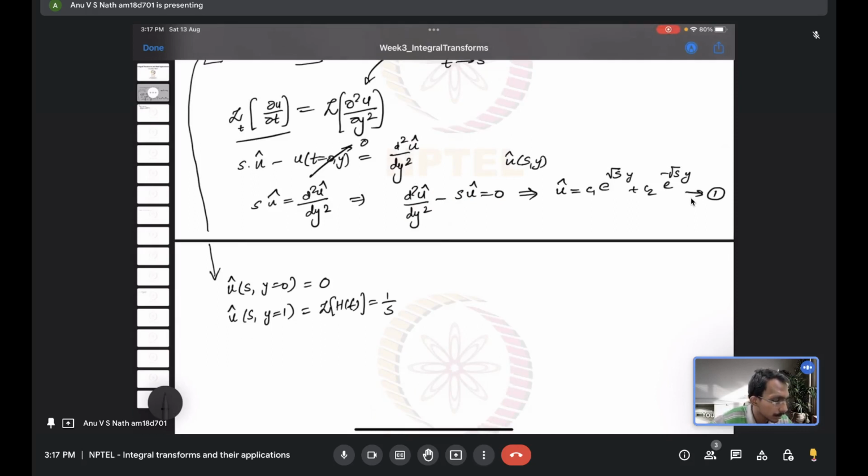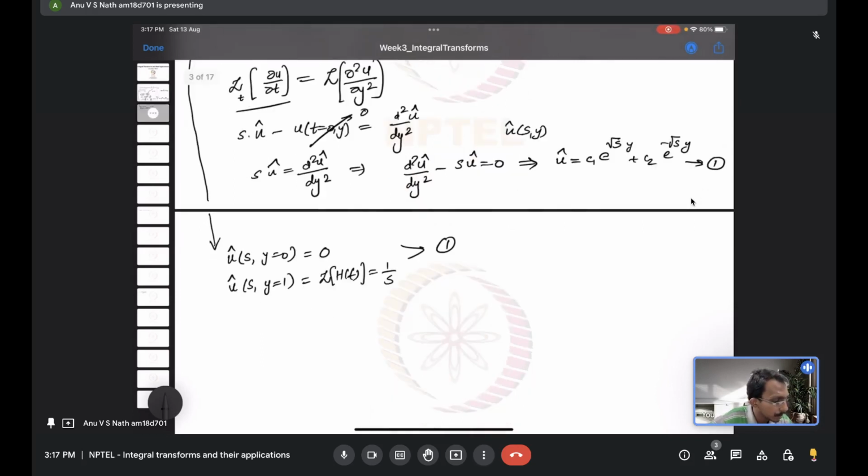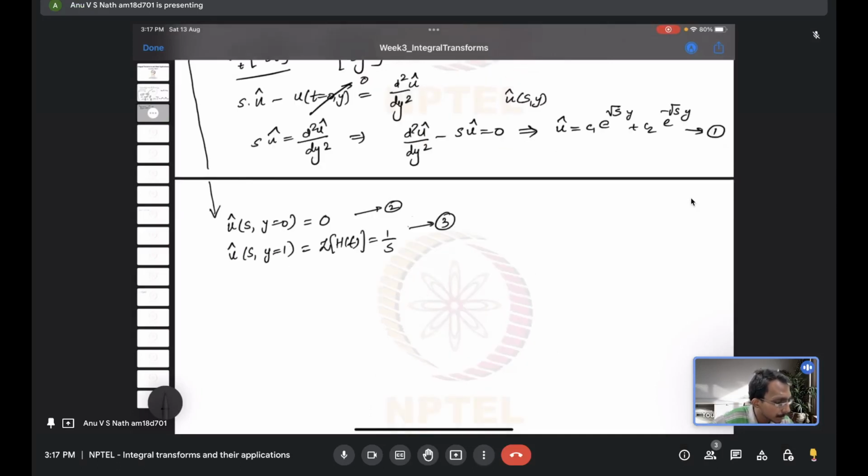But in substituting in equation 1. Okay, so first of all we apply the first condition. So let's say we number these as 2 and 3. Applying 2 in 1, on the left hand side we get 0 is equal to c1 into exponential of 0, that is 1, again c2 into exponential of 0, so that means c2 equal to minus c1.